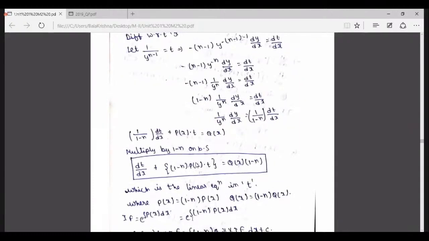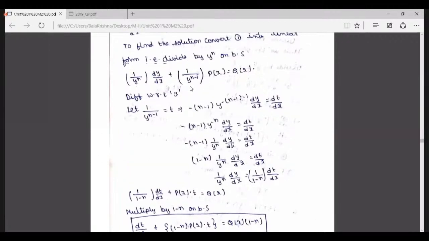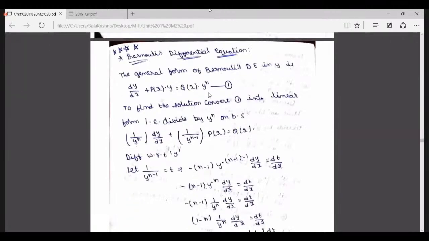So try to remember this, then it will be over. Otherwise you need to remember this process: dividing this equation by y power n, treating 1 by y power n minus 1 as t, and changing this dy by dx into 1 by y power n as dt by dx.